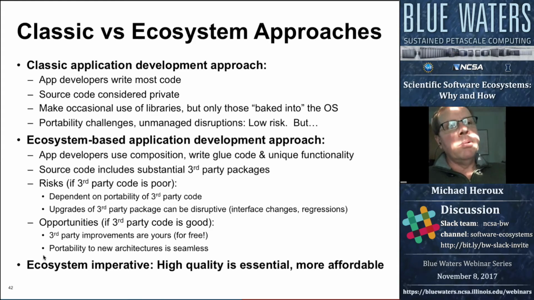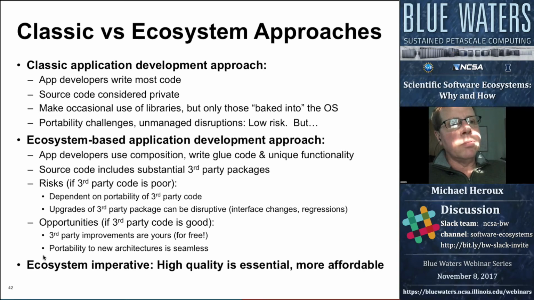But what we're trying to propose to go forward is what we call ecosystem-based application development. So in this case, application developers use composition. They write the glue code and only the unique functionality. Otherwise, they try to get their capabilities from reusable components.